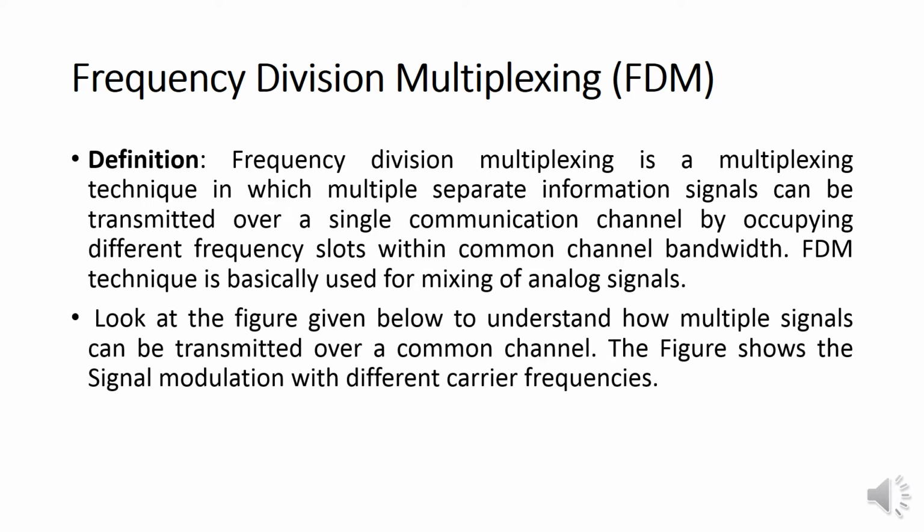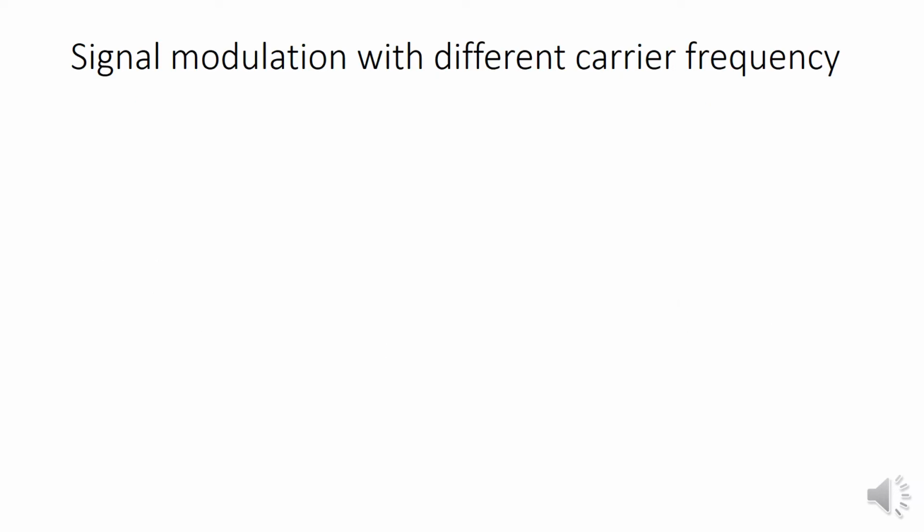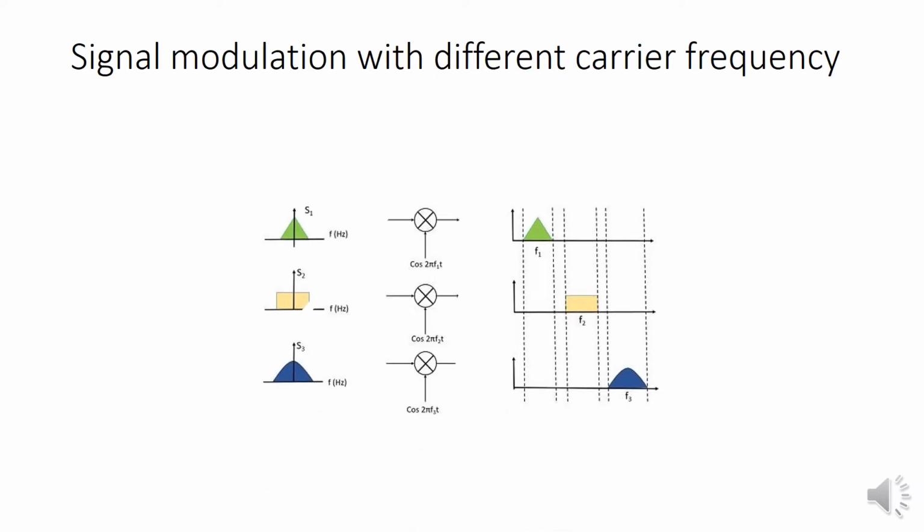So we have multiple signals, and these will be transmitted over a communication channel. The signal modulation is achieved with different carrier frequencies.